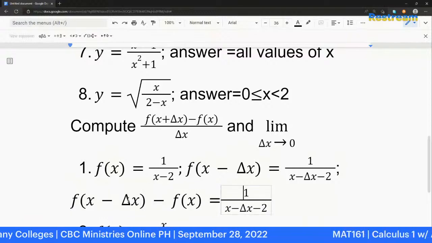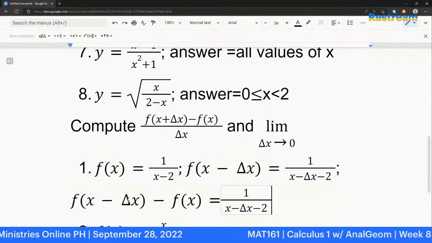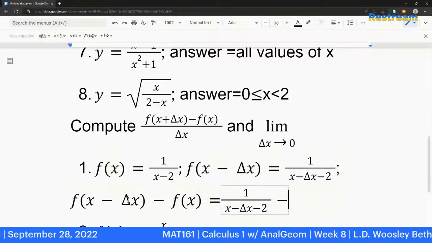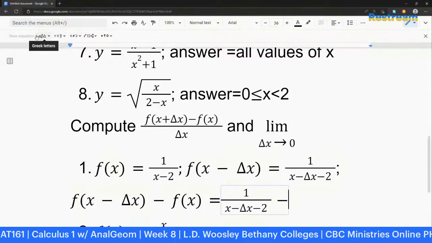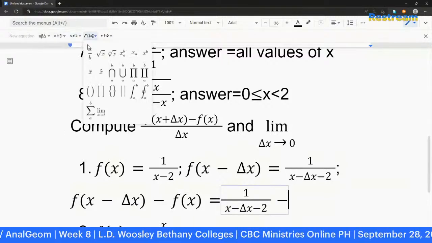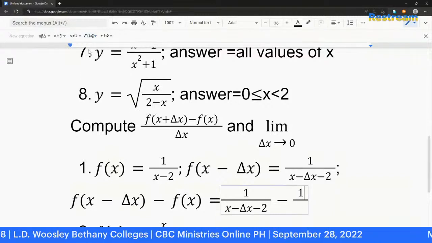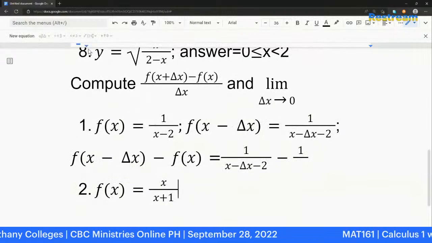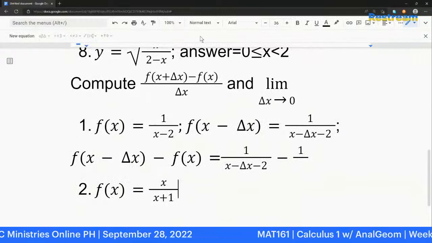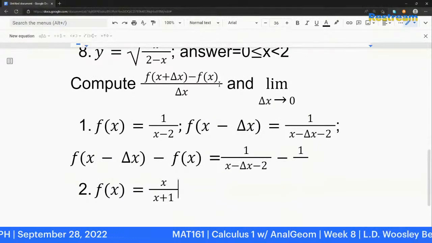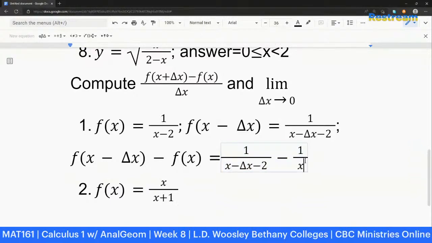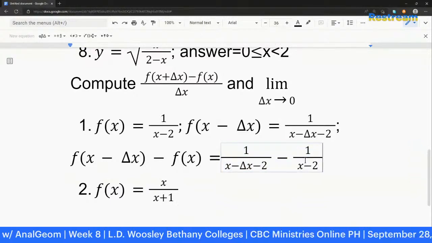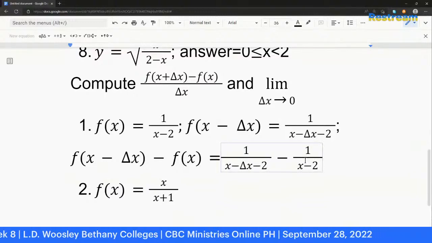Ano bang mahirap dito? O yan, no? Least common denominator.